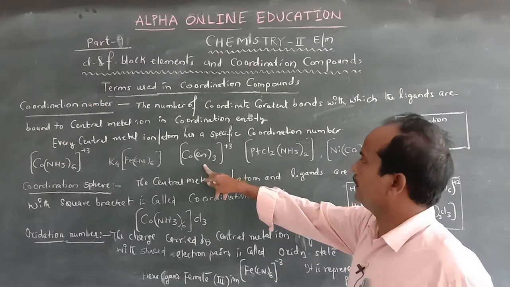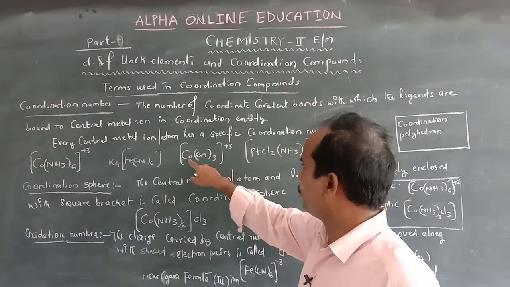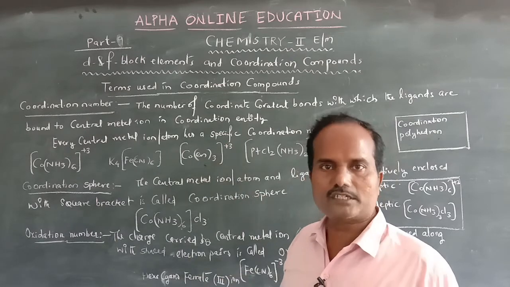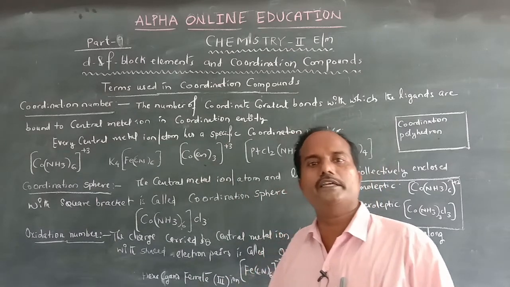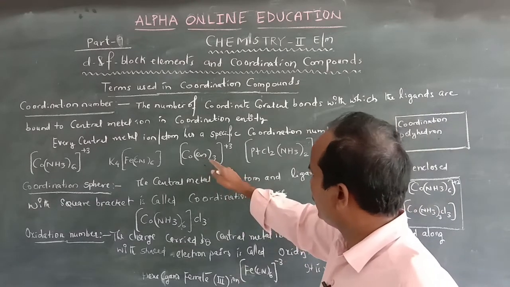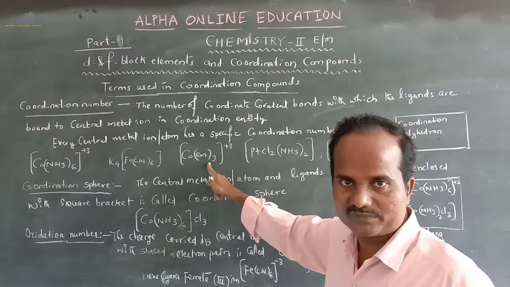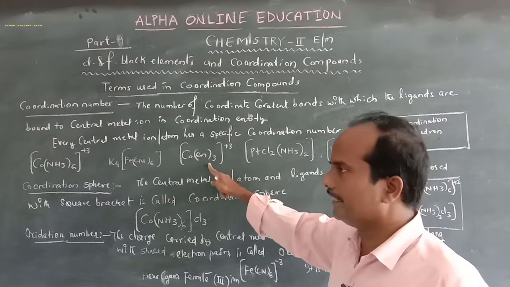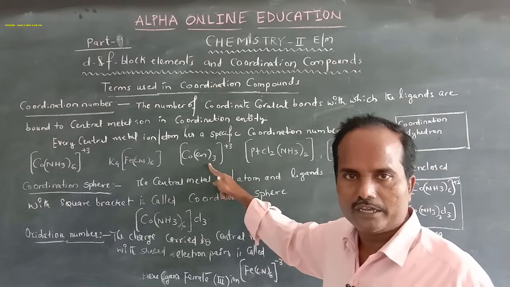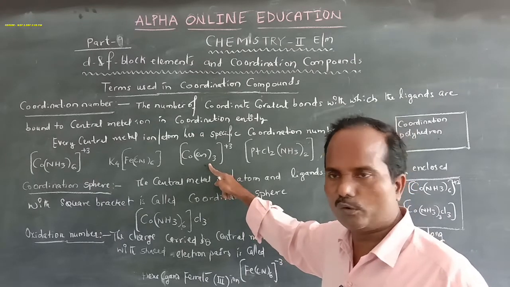Whereas when you take tris(ethylenediamine)cobalt(III) ion, in this complex ion, again cobalt has coordination number 6. The ligands are just 3, but these are bidentate ligands. Each bidentate ligand can donate 2 pairs of electrons and form 2 coordinate covalent bonds.